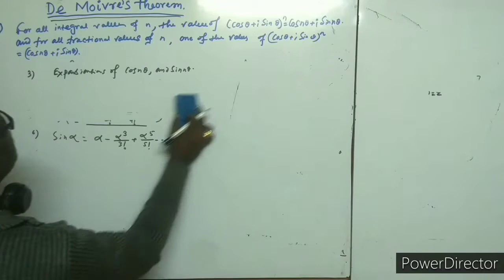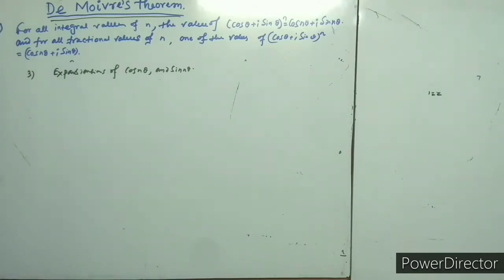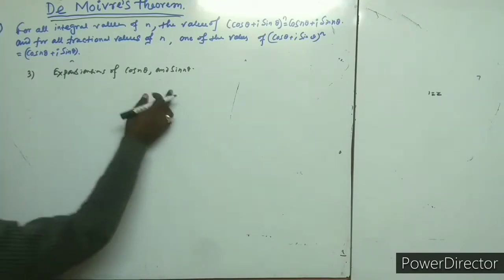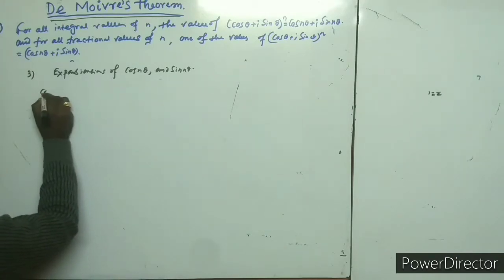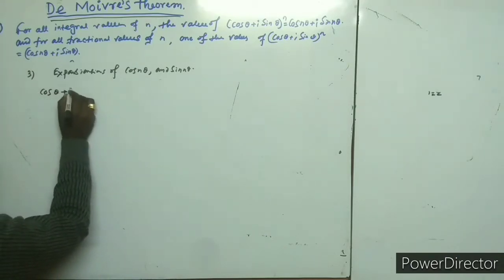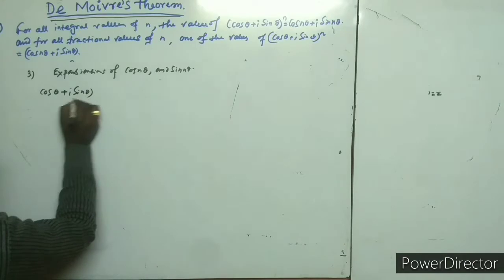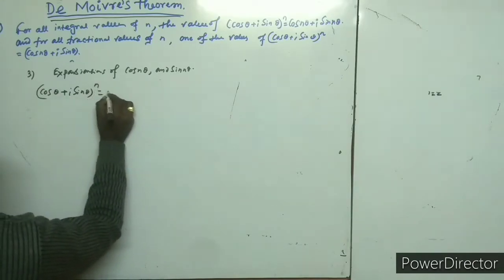Okay, now see the expansion of cos n theta and sin n theta. Use the binomial theorem for cos theta plus i sin theta to the power n.